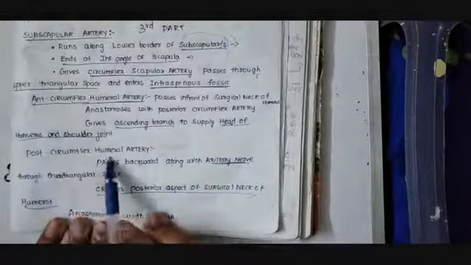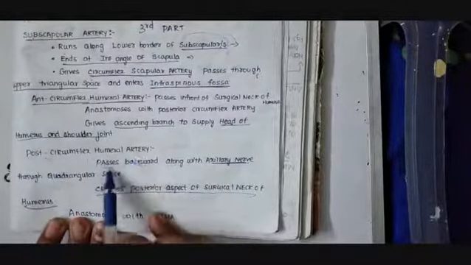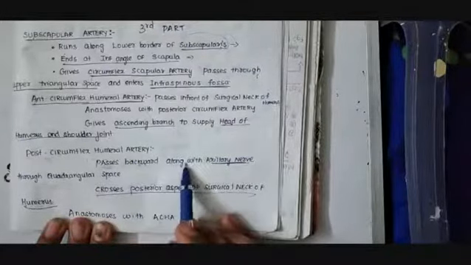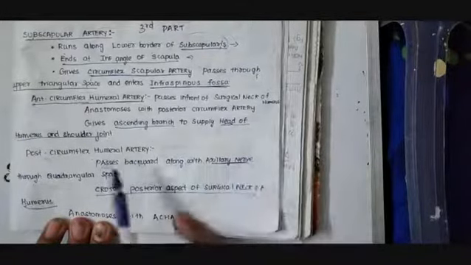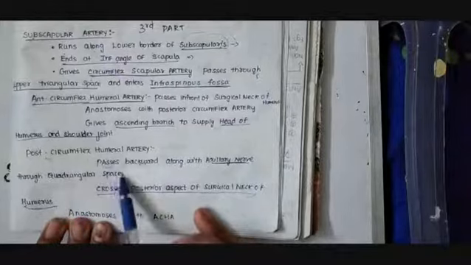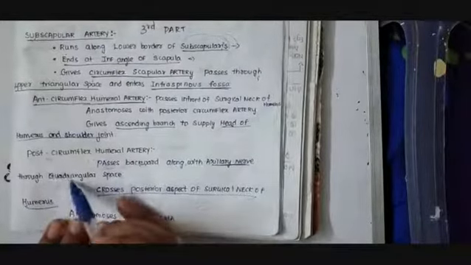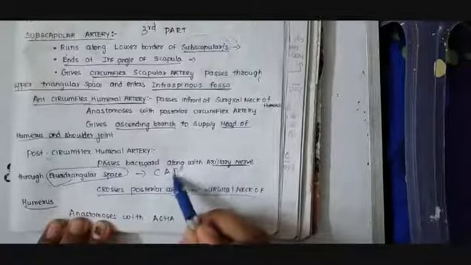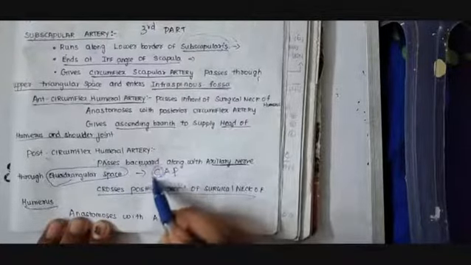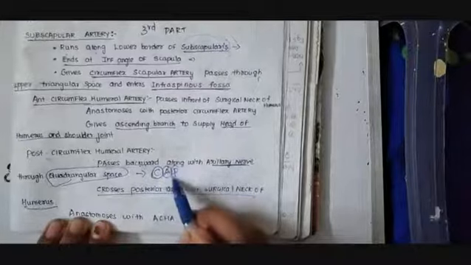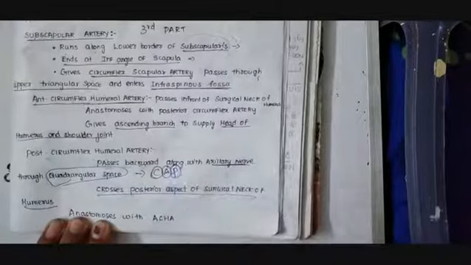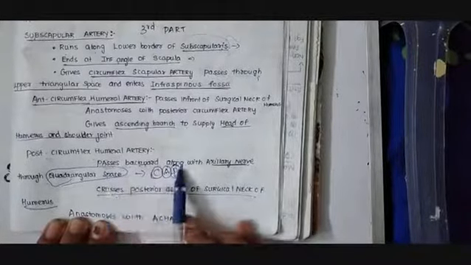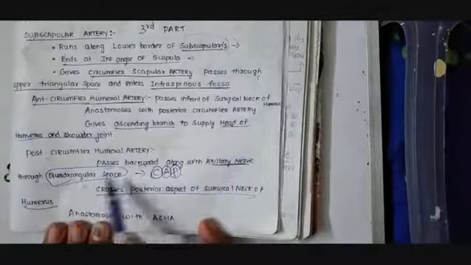Posterior circumflex humeral artery: this artery passes backward along with the axillary nerve through the quadrangular space. Okay, this quadrangular space has the following contents, namely CAP: C for capsule of the shoulder joint, A for axillary nerve, and P for posterior circumflex humeral artery. It passes backward along with the axillary nerve through the quadrangular space.